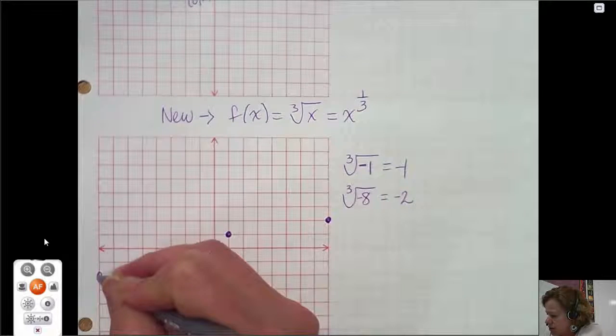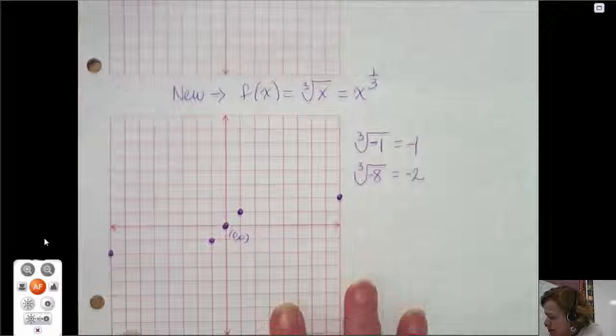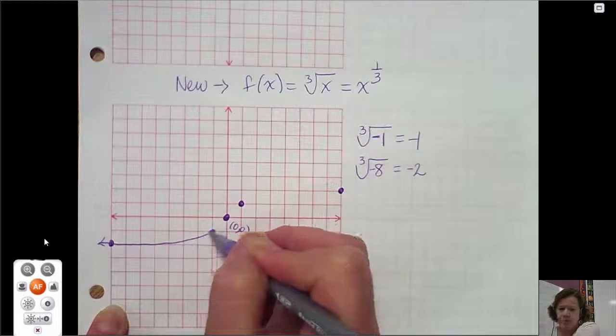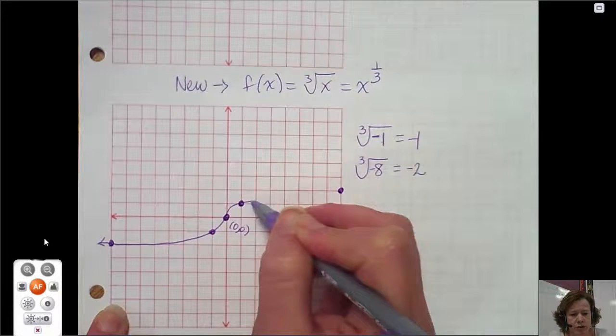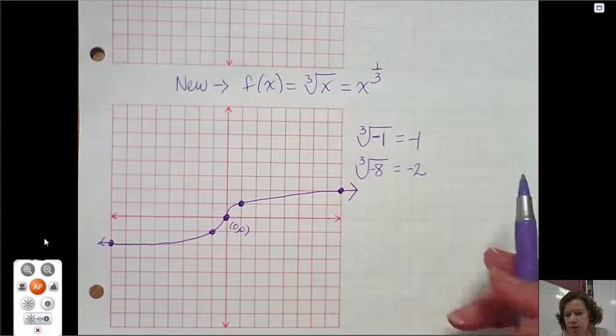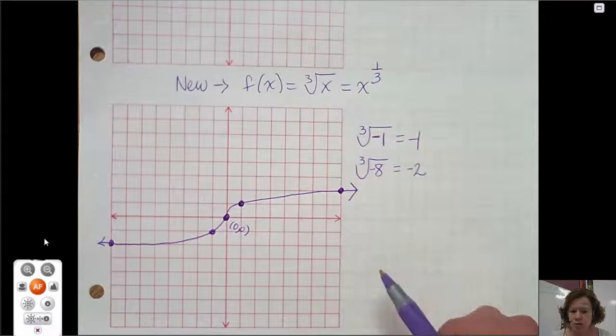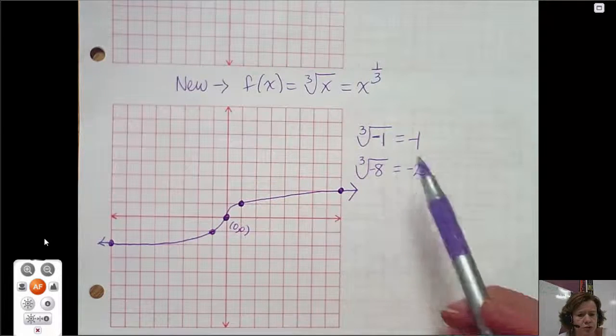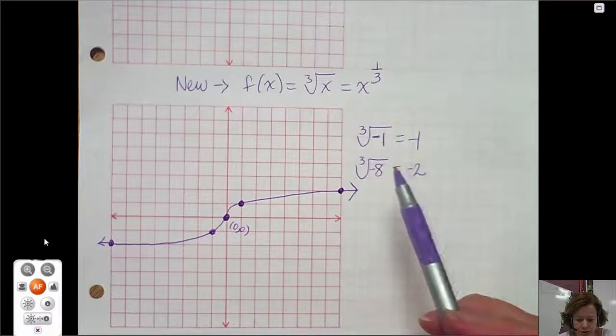When we connect this, it looks like that. And there is the cubed root of x, or x to the 1/3. Now you might be thinking that that looks a lot like that snake, x cubed, turned on its side, and it certainly is. They're inverses of each other, and we'll talk about that next week.